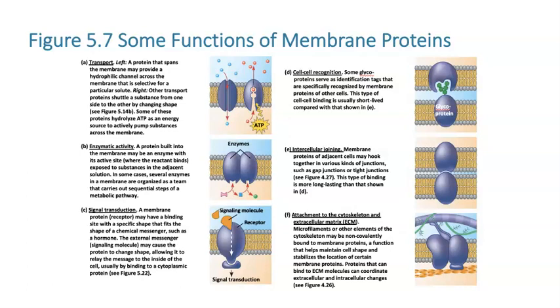So starting out with the transport protein. Transport proteins are any proteins that span the membrane, but they have a very specific function, and that is that they allow substances to move across the membrane more easily. We're going to find out in a later slide how hard it is to cross that membrane without a little bit of help.